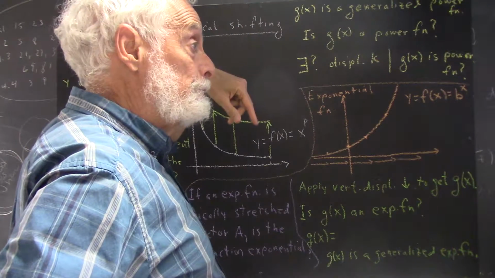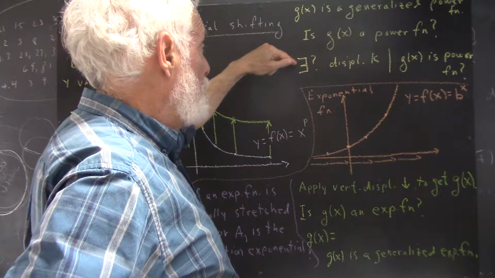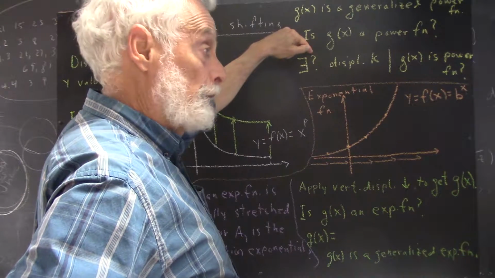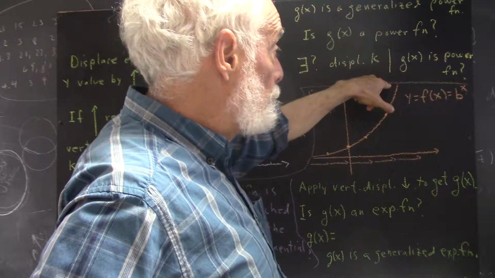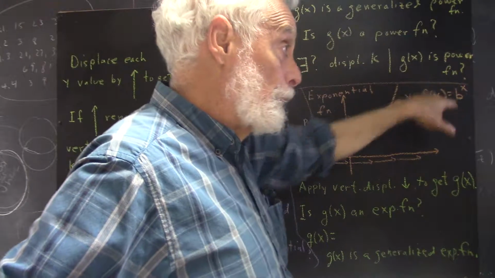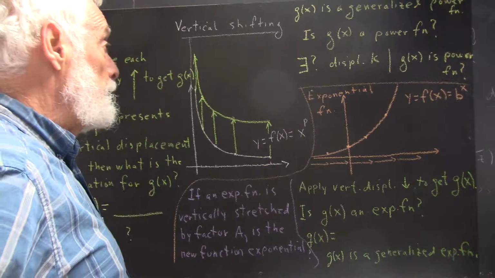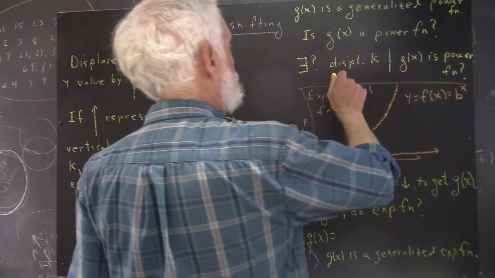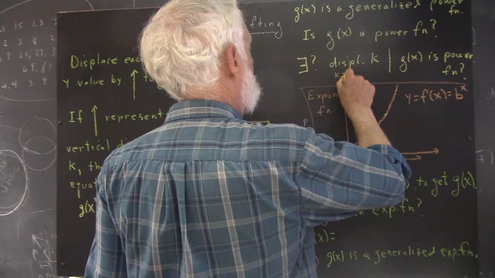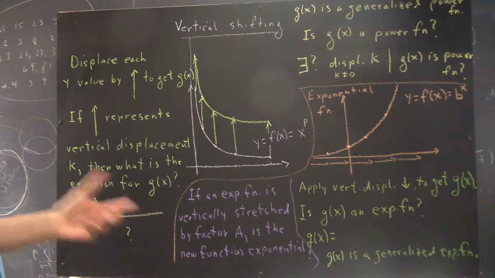Then the question is, remember this symbol means there exists, and with a question mark it means does there exist a displacement k such that g of x is a power function? Is there some k not equal to 0? Because of course if k equals 0, you haven't changed the function, so it's still a power function.